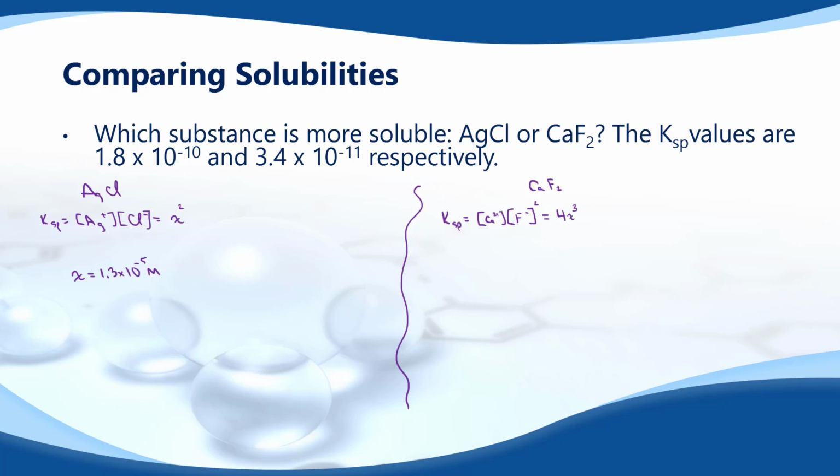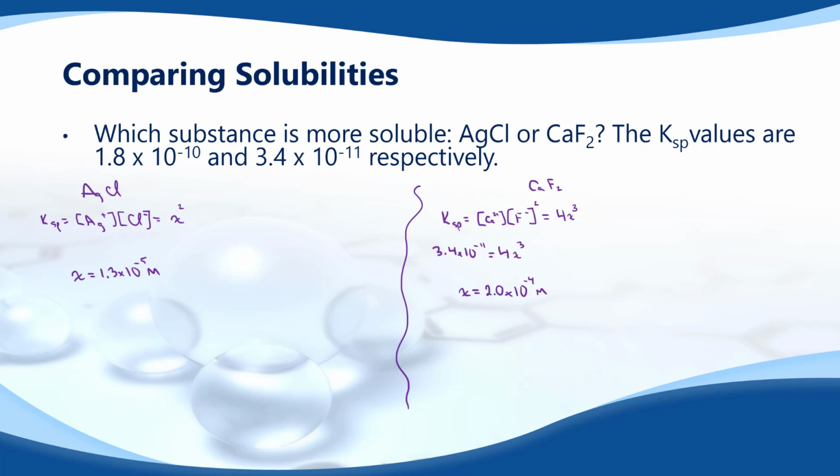Because x and then 2x squared. So what we're going to have here is 3.4 times 10 to the minus 11th equals 4x cubed. x is going to be equal to 2.0 times 10 to the minus 4th molar.